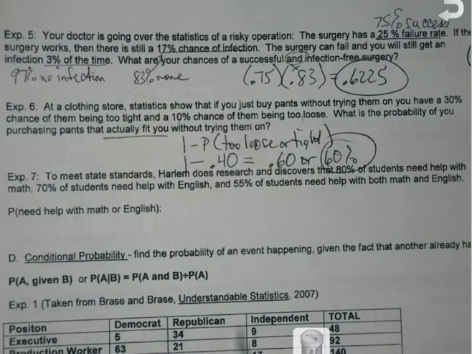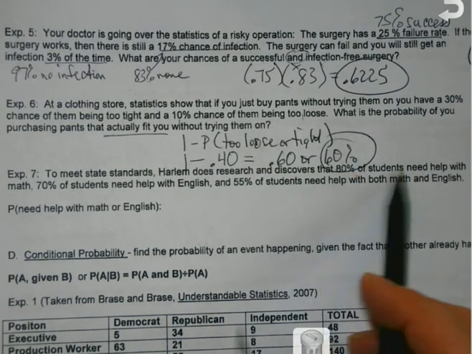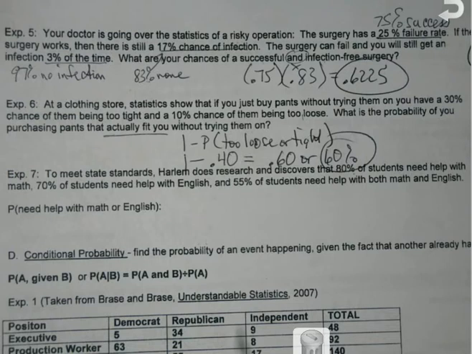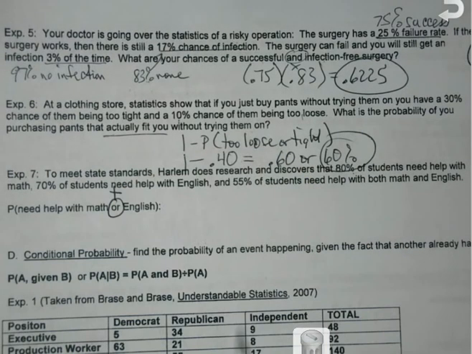But you start to see how you can fit bits and pieces of this together. Hey, and one more with our overlap here. To meet state standards, Harlan does some research and discovers 80% of students need help with math, 70% need help with English, and 55% need help with both. Probability of needing help with math or English, okay?